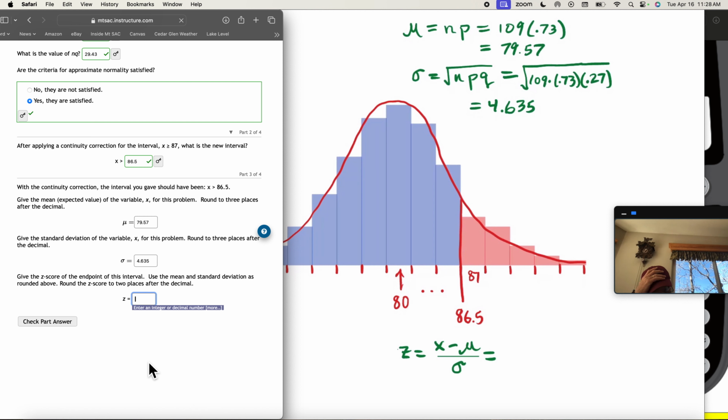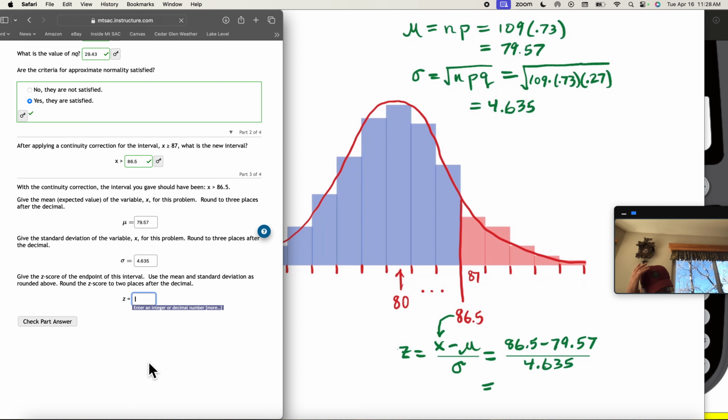We're converting this number here, our boundary value. So we'll put in 86.5 minus the mean, which was 79.57, and then over our standard deviation, which we rounded to 3 places, 4.635.